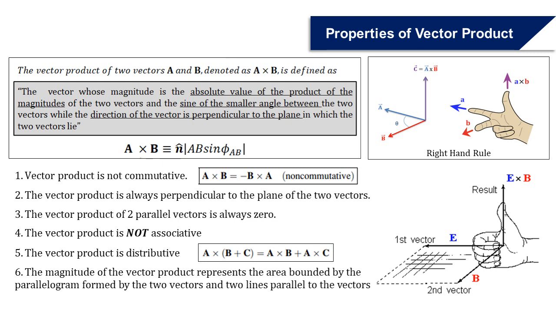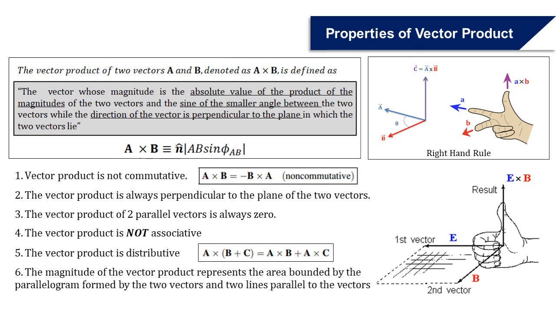So, yung magnitude ng ating vector product represents the area ng parallelogram na yan. So, yan ang ibig sabihin nitong sixth property ng vector product. So, magagamit natin yan later on sa applications ng vector product. Okay? So, pakitandaan natin yung anim na properties ng vector products.